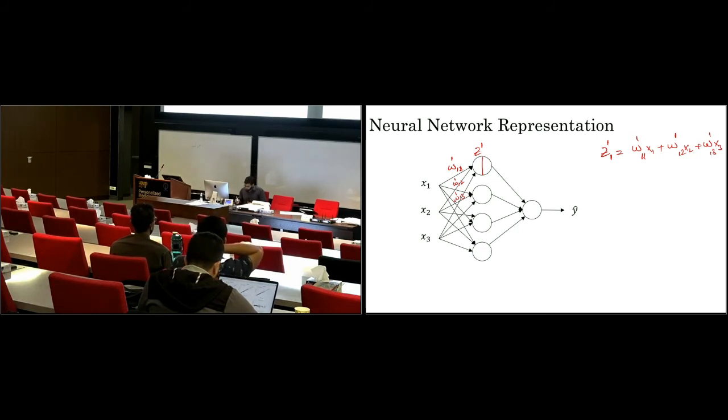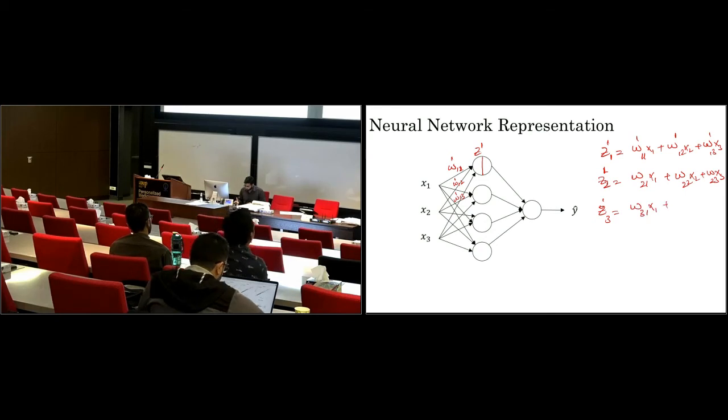Okay. Similarly, we can do it for the second element of Z. That would be W21 X1 plus W22 X2 plus W23 X3. Okay, and similarly for the third element of Z1, W31 X1 plus W32 X2 plus W33 X3.